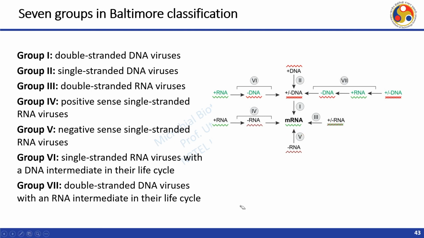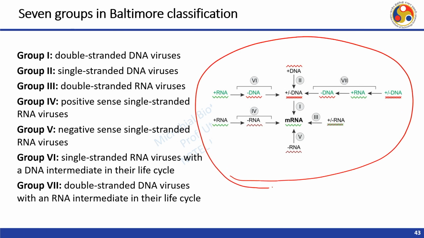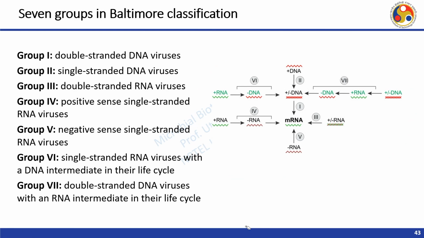Then group 6 is single stranded RNA viruses with a DNA intermediate in their life cycle. Then group 7, double stranded DNA viruses with an RNA intermediate in their life cycle. So, this particular diagram comprehensively describes the 7 groups in the Baltimore classification.